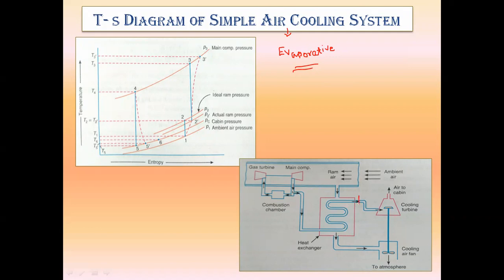So if I'm going to add an evaporator in between the heat exchanger and cooling turbine, and inside that evaporator I'm going to take the cooling medium as either ammonia, or alcohol, or water.